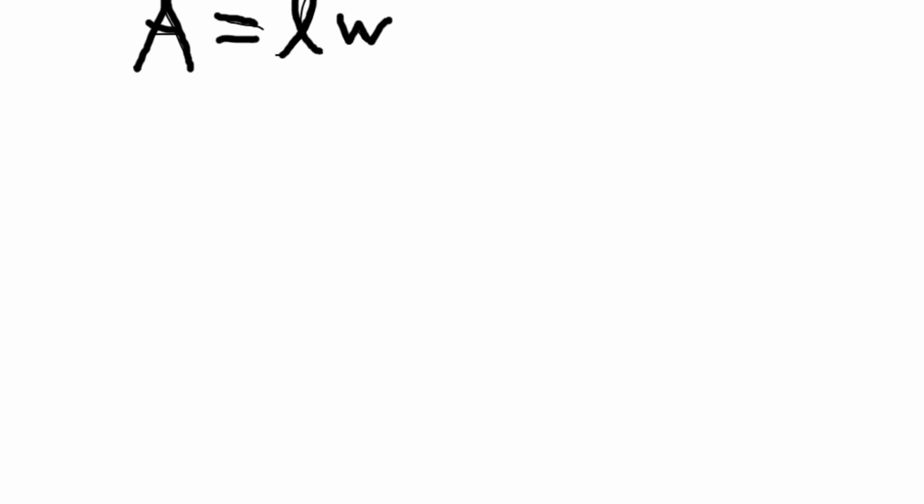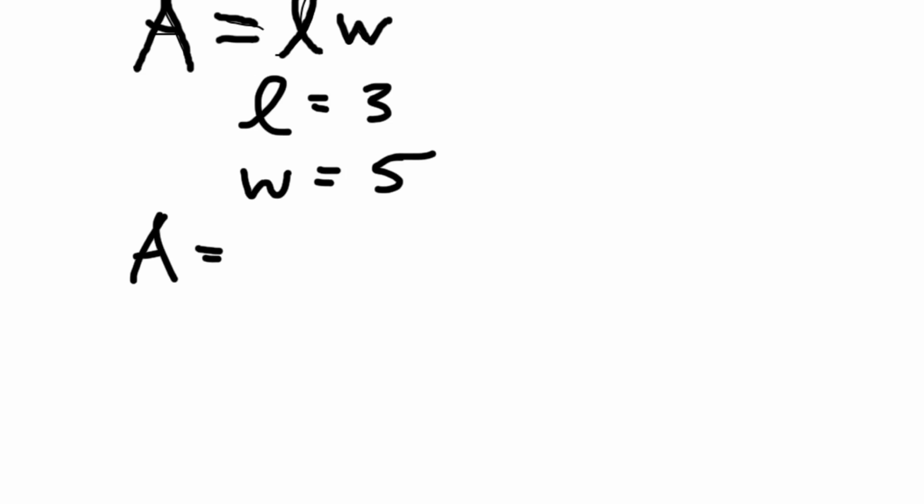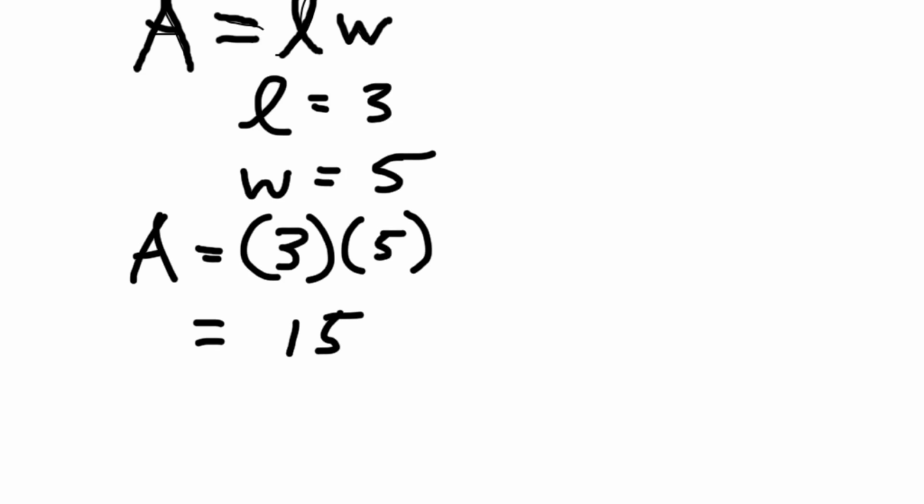If I know what length is, say the length was 3 and the width was 5, then we could figure out what the area was, A. This is the area of a rectangle. So the area would equal 3 times 5, or 15. Area equals 15.